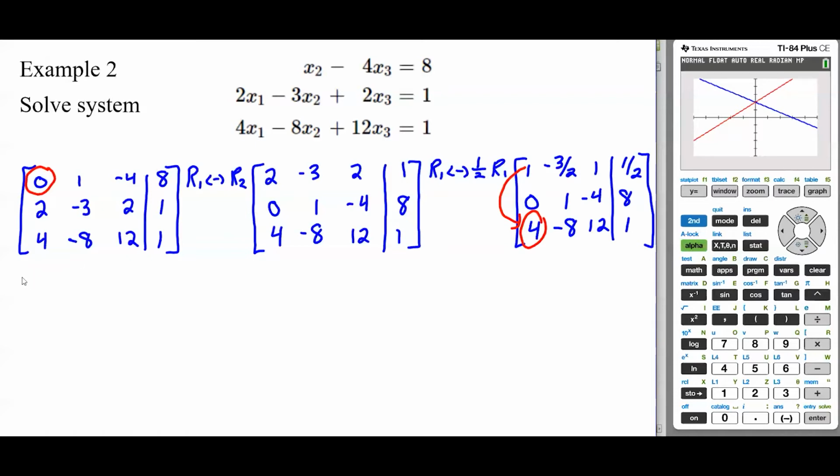So I'm going to say replace row 3, so I want to change row 3 with row 3 minus 4 times row 1. So I'm going to multiply row 1 by negative 4, and add it to row 3. I'm not changing row 1, and I'm not changing row 2.